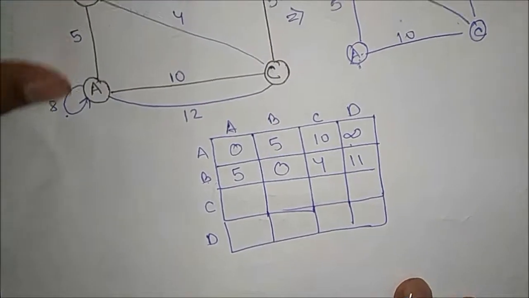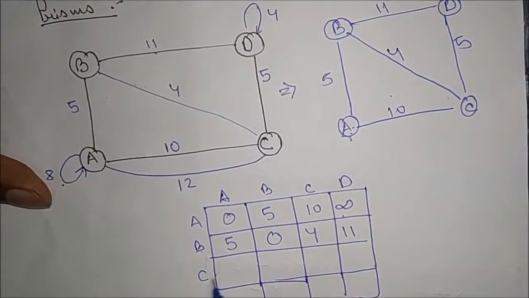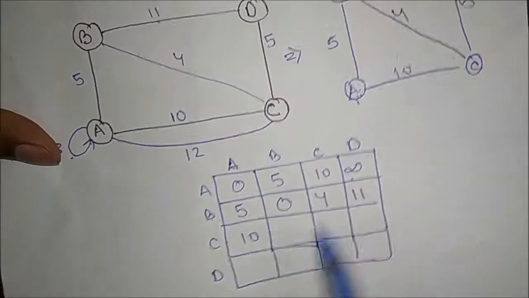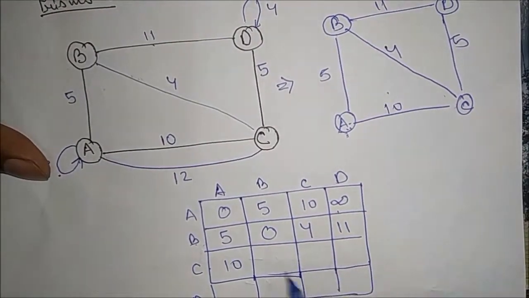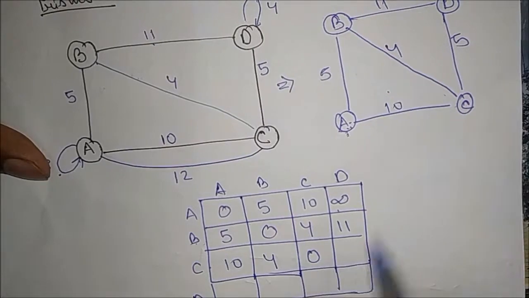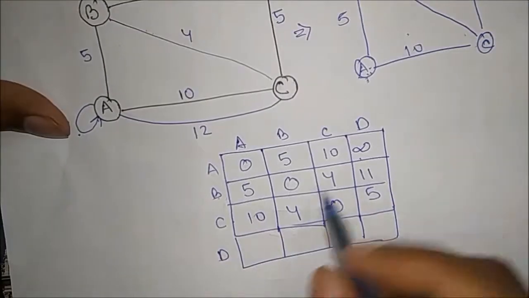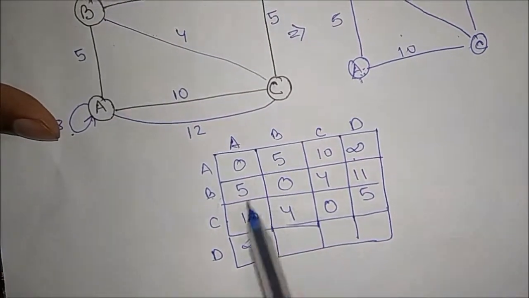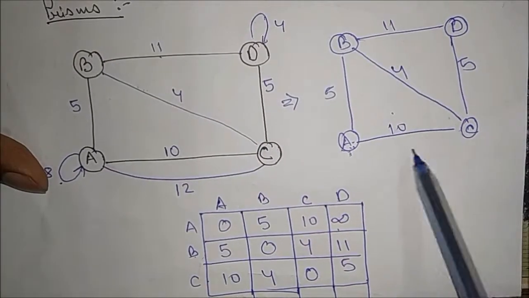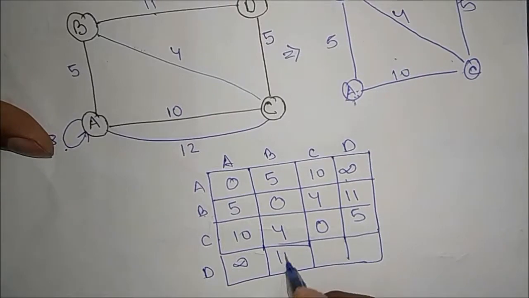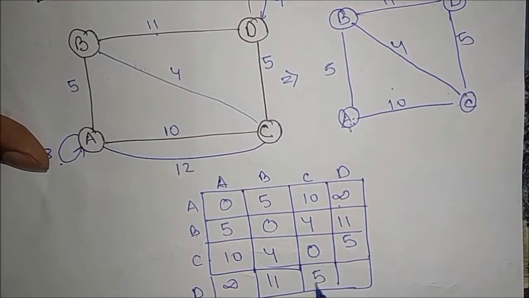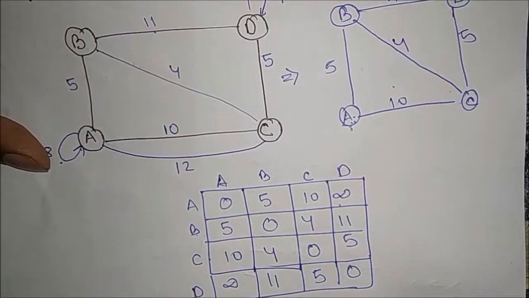Now we are moving to C. From C to A is 10, C to B is 4, C to C is 0, and C to D is 5. Now D to A again is infinity, D to B is 11, D to C is 5, and D to D is 0. See, now we have drawn this table.